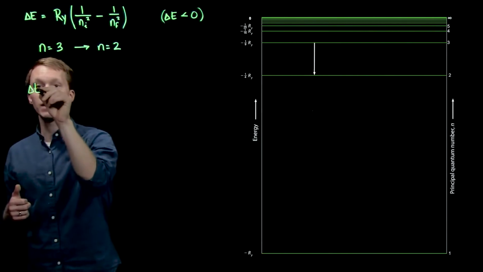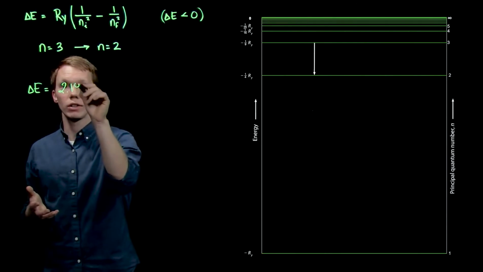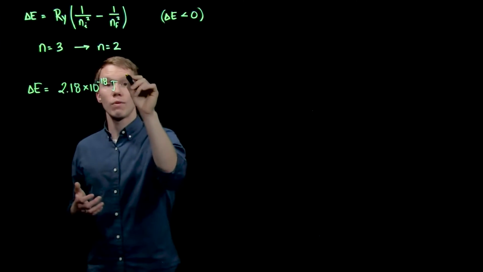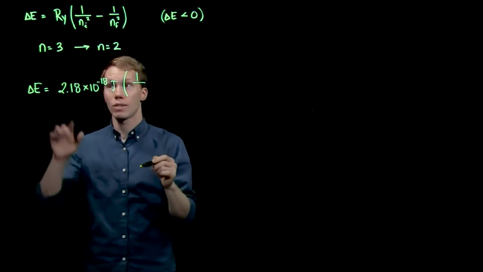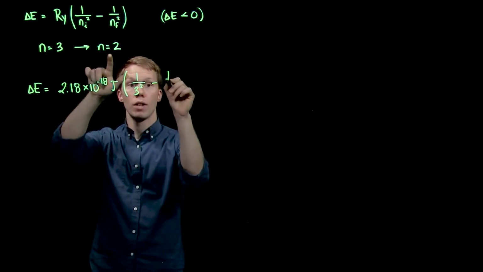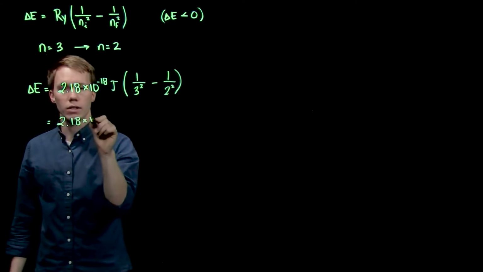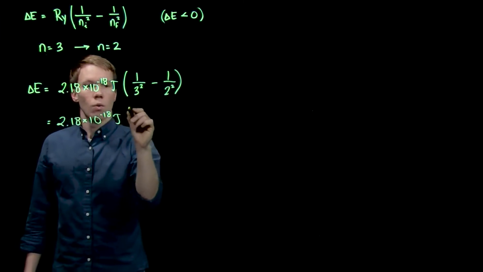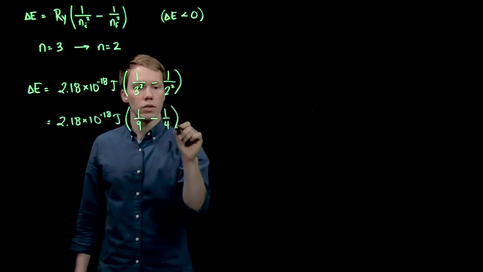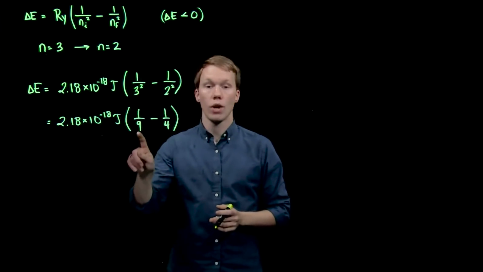We can start plugging in numbers here. Delta E is equal to Ry, which we calculated earlier as 2.18 times 10 to the negative 18th joules, and then we will multiply by 1 over ni squared. We're starting at n equals 3, so it'd be 1 over 3 squared minus 1 over 2 squared. So this will calculate to 1 over 9 minus 1 over 4. We can see already that 1 over 4 is a larger number than 1 over 9.